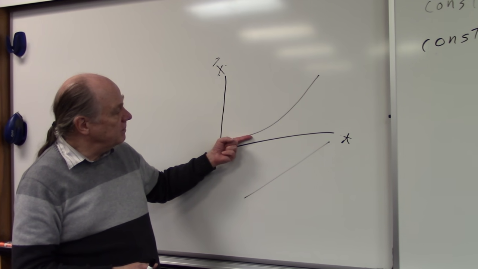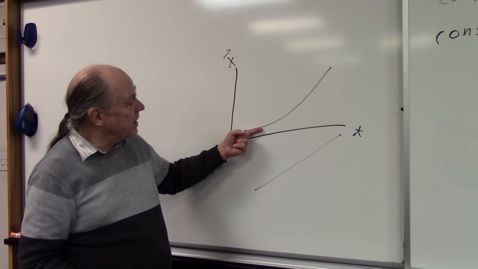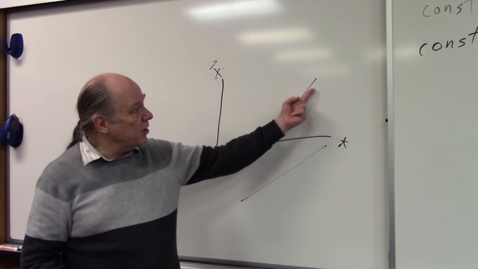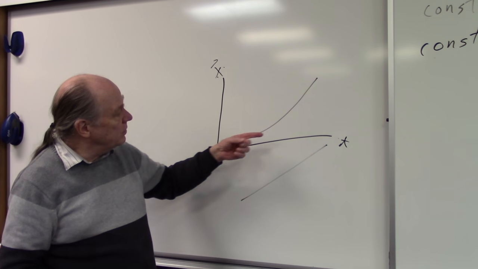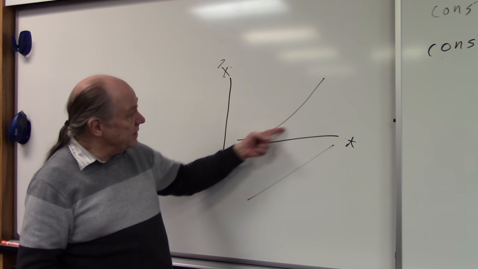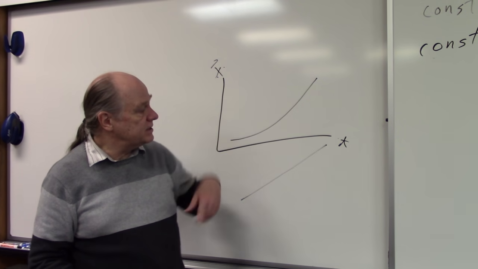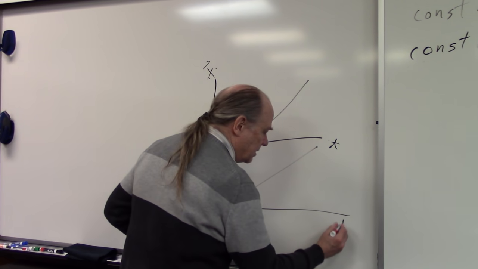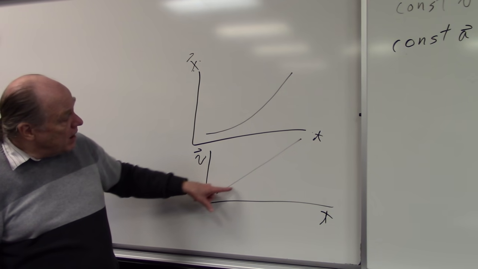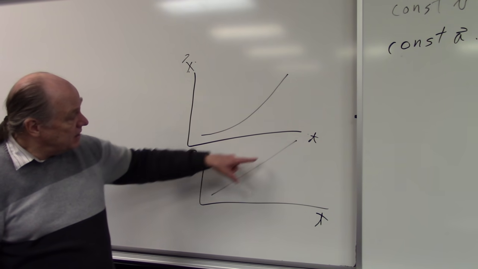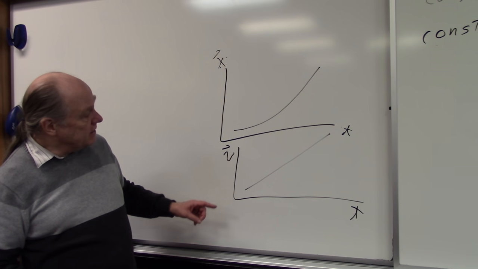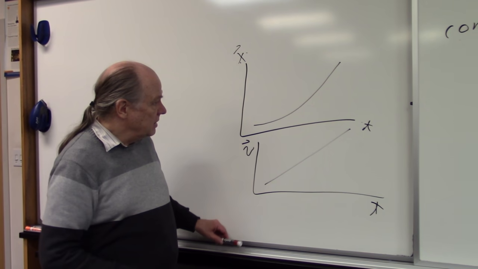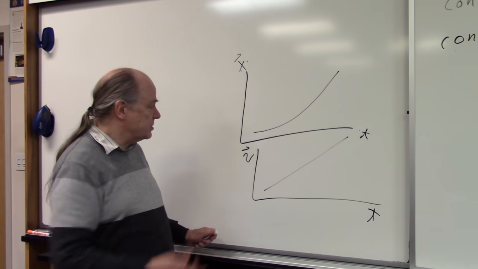I have a shallow slope here, which means the velocity is small. I have a steep slope here, which means the velocity is getting bigger. So here the slope is increasing. The slope is the velocity, so in this case the velocity is increasing. If I have a velocity time graph, the value of the graph increases, so that means the velocity increases, but the slope does not. And the acceleration is the slope of the velocity time graph.